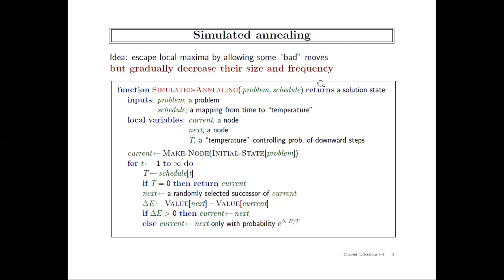In that manner, you come out with a solution state. So we have the schedule, meaning the number of states, and the given problem. But what is the schedule? A mapping from time to temperature. When we are making these algorithms to solve our problem, obviously temperature has no direct concern, because we are taking the concept of annealing.